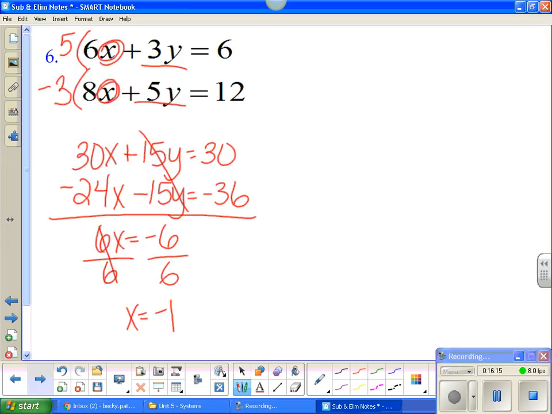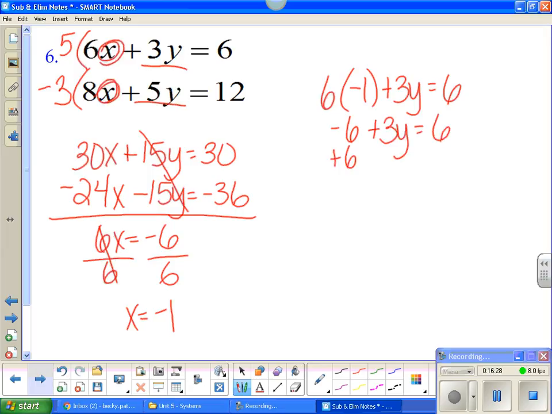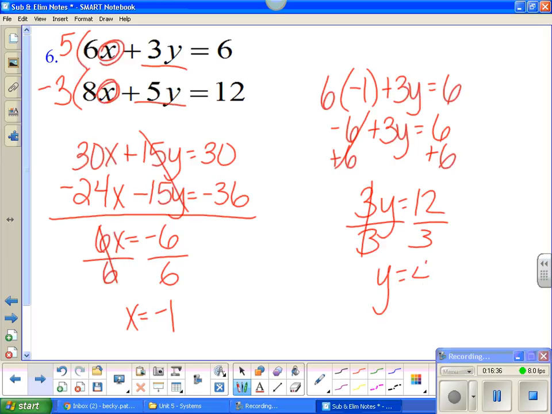I'm going to go to the top because I think the numbers are smaller. So 6 times negative 1 plus 3y equals 6. So negative 6 plus 3y equals 6. Add 6. 3y equals 12. Y equals 4. There you go.